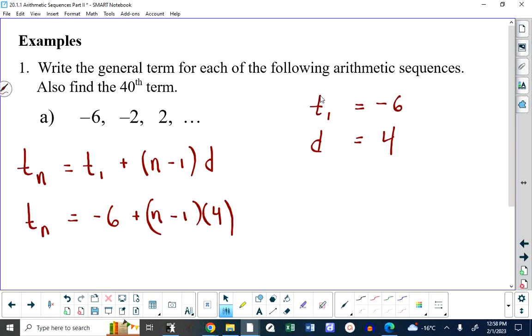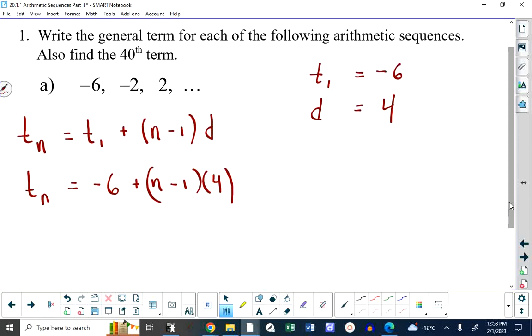So the first thing I'm going to do is multiply that n minus 1 by the 4. And you don't normally see stuff written as n minus 1 times 4, but n minus 1 times 4 is the same thing as 4 times n minus 1. And we should know that when you multiply what's called a monomial, 4, by what's called a binomial, n minus 1, you have to use the distributive property.